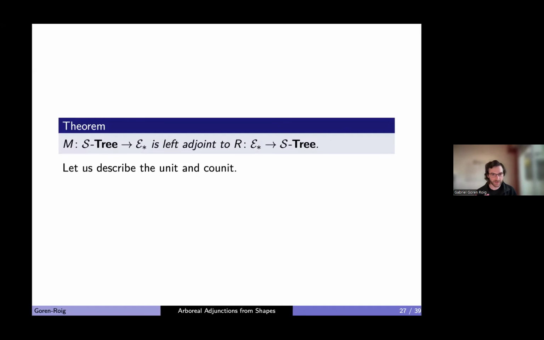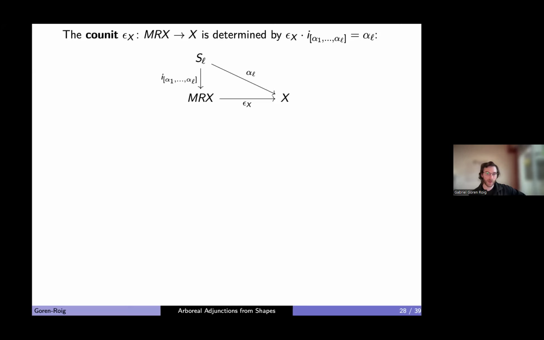So this does give you a right adjoint to the realization functor, and I wasn't planning ever to give you the checking of this, but I did want to describe the unit and co-unit. I'm not sure this is a good intuitive thing, but I tried to make it intuitive.